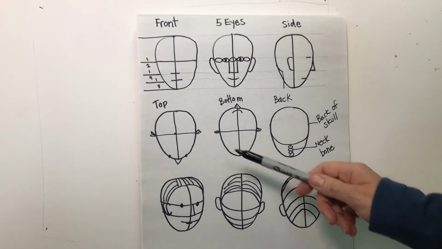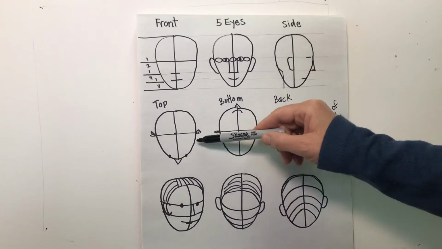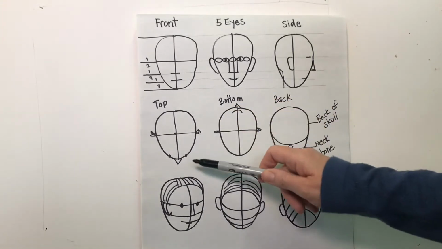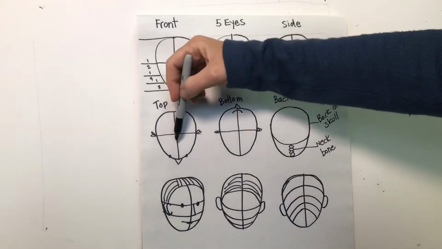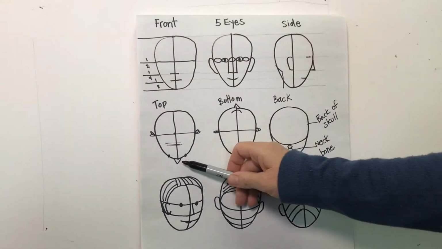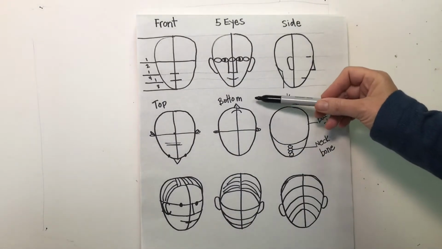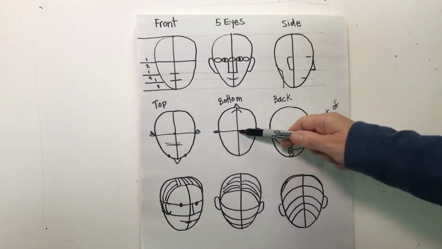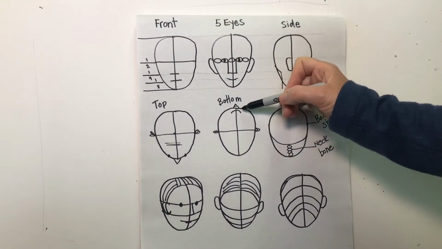Looking at the top of the head, we're looking down from above. You can see where my ears are lined up in the middle there. You can see my eyes, and you can see the top of my nose. There's my hairline, but you can't see my mouth at all. And when we look at the bottom, looking up, my ears are still lined up there.